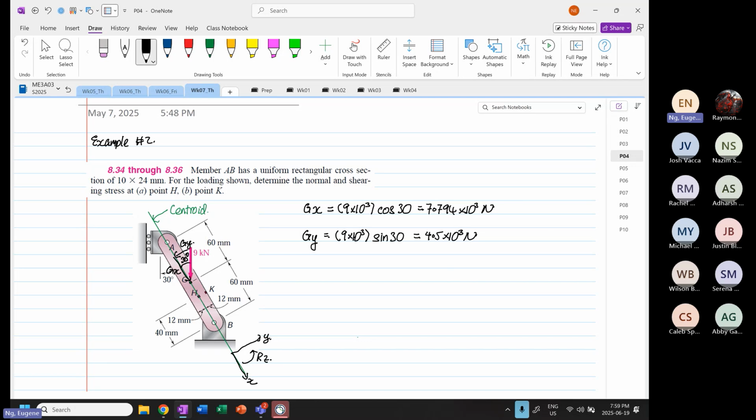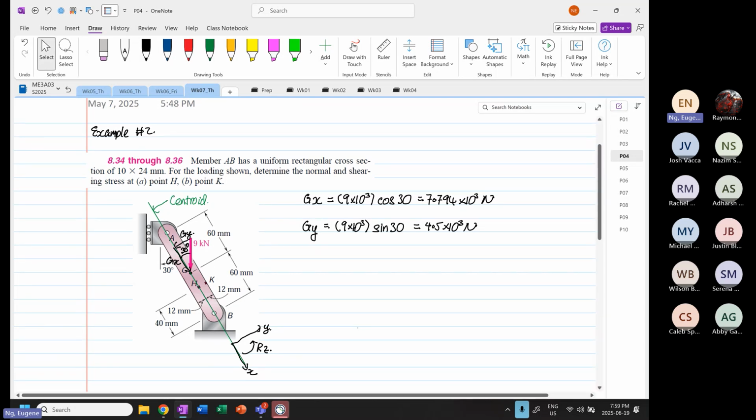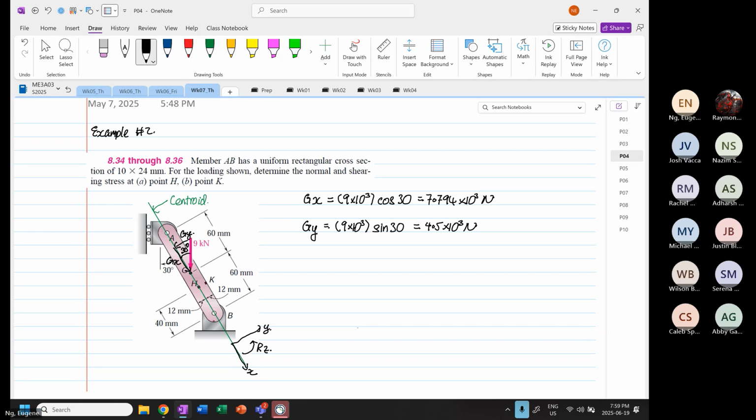So if we were to sketch our free body diagram, we know that over here, this is our Bx prime, or By prime.